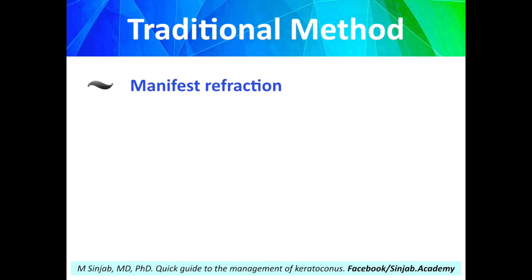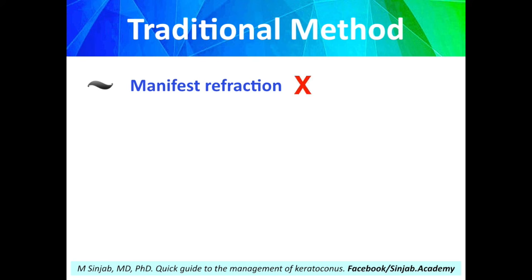Fifth, the manifest refraction. In keratoconus, the manifest refraction can be considered realistic or accurate just in early cases, but in grade 2 or 3, where the intracorneal rings are indicated, the cornea is distorted and the manifest refraction does not reflect the real refraction of the patient.